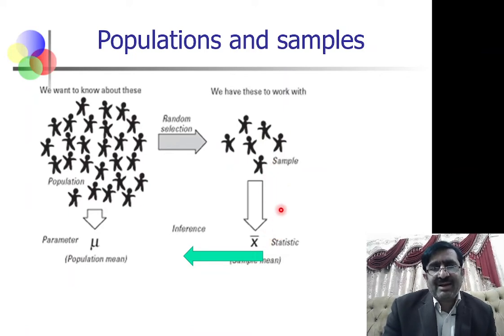These statistics are the average value, that is the mean, and the standard deviation. Then we apply these test statistics, that is a probability distribution, and we will get some conclusion, and on the basis of this conclusion we will generalize about the population, how the characteristics the population has.